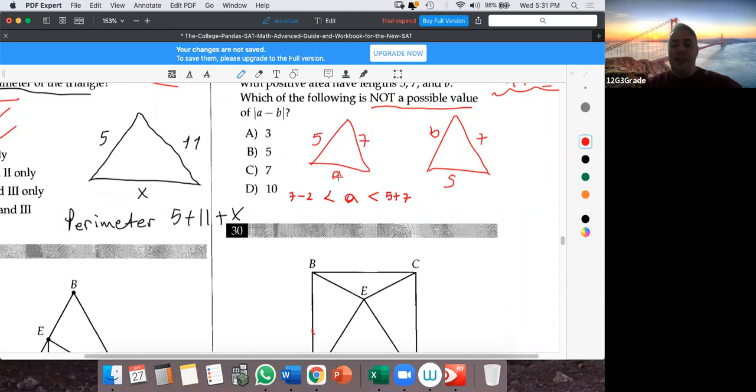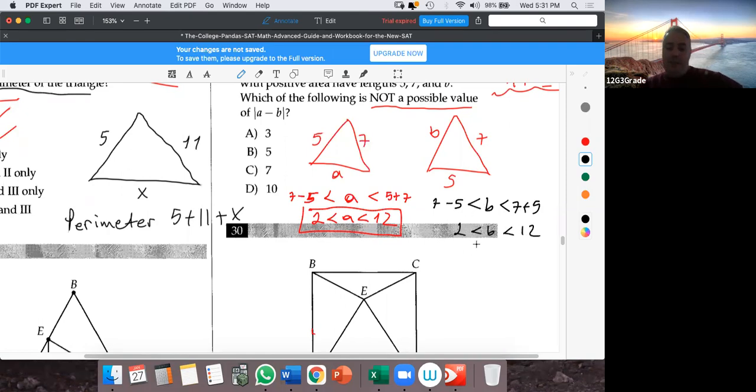That means A is between 7 minus 5 and 5 plus 7, so 2 is less than A less than 12. What about B? Same thing, B is less than 7 plus 5 and greater than 7 minus 5, so 2 is less than B less than 12.